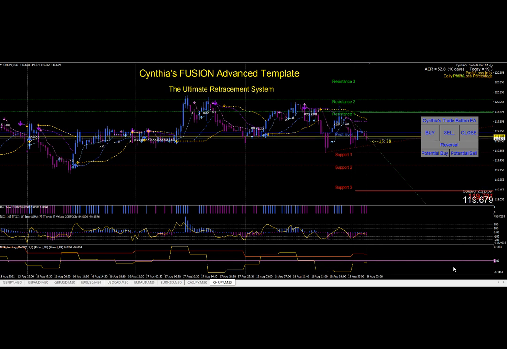So this is the baseline, and right now you can see that the daily orange trend line is above the purple baseline, and the yellow 4-hour MACD trend line is below the purple baseline, but it's closer to the purple baseline, so that shows you that the 4-hour trend is a little on the weak side for a down trade.